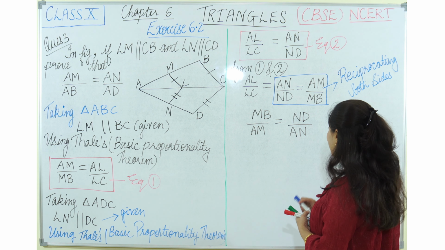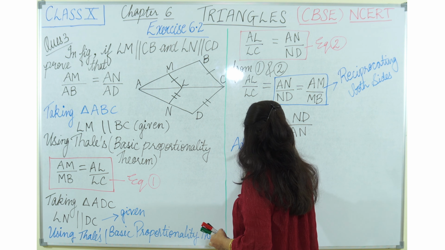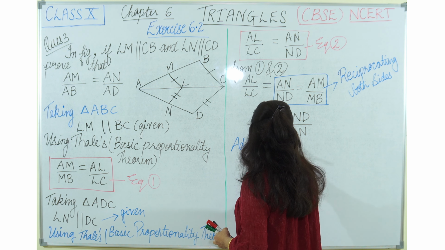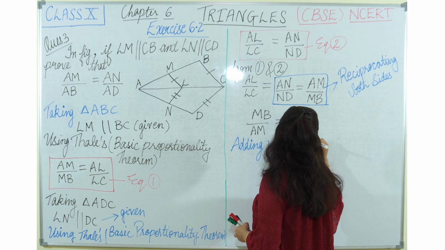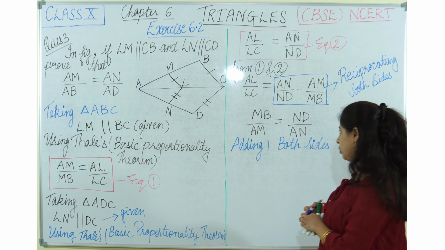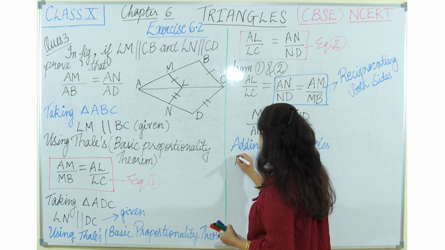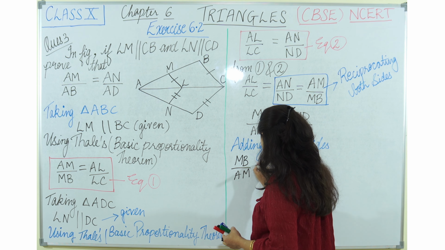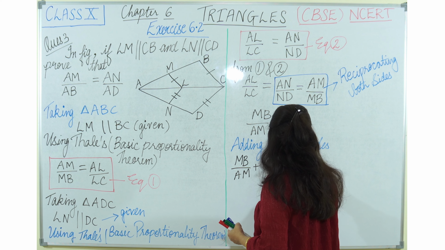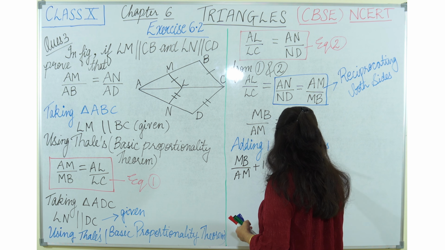Now we will add 1 on both sides. When we add 1, we get MB upon AM plus 1 equal to ND upon AN plus 1.